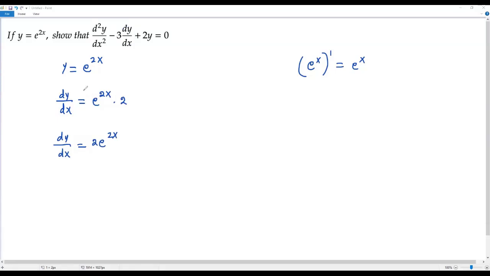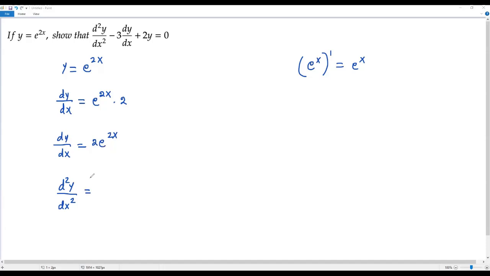Now I have to get the second order derivative. For that, I have to take the derivative on both sides of this equation with respect to x. When I take the derivative of this with respect to x, I get d square y in the numerator, because I'm doing the second derivative. Now I take square of x in the denominator, because the second time also I'm doing the derivative with respect to x. Here on the right side, a constant is multiplied by the variable part.